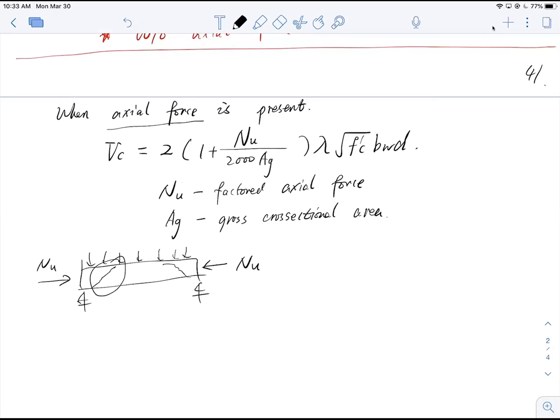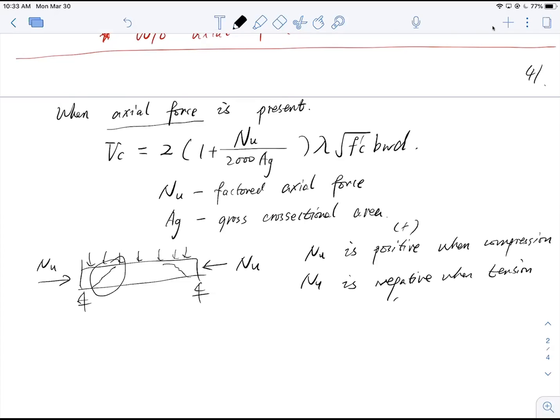Nu. Okay, now if you look at the equation here, let me say Nu is positive when compression is present, and Nu is negative when tension. So this is positive and this is negative.